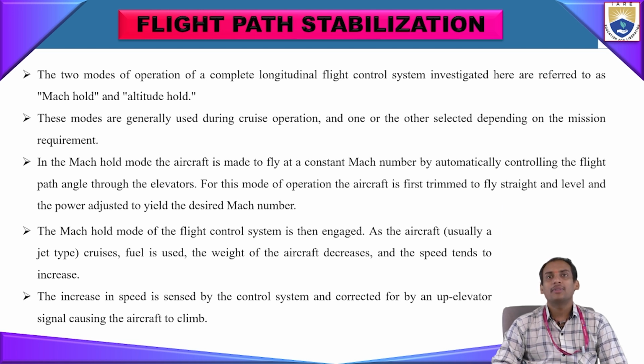For this mode of operation, the aircraft is first trimmed to fly at a steady, straight and level condition, and then power is adjusted to yield the desired Mach number. First it has to get the acceleration and the velocity, and after getting the velocity it should hold at that velocity.